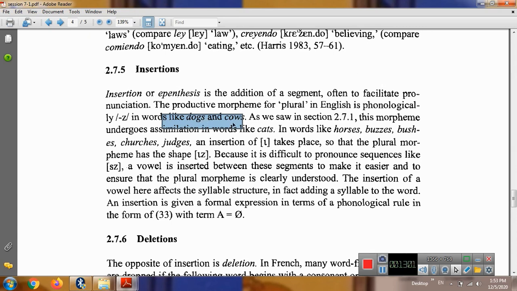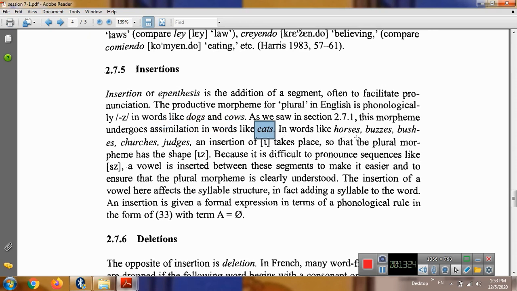Here we have dogs, and here we have cows, which ends in a glide, and it becomes sonorant. And here we have cats, because t is a voiceless sound, and here we keep the s form, the voiceless type, which we pronounce as cats.